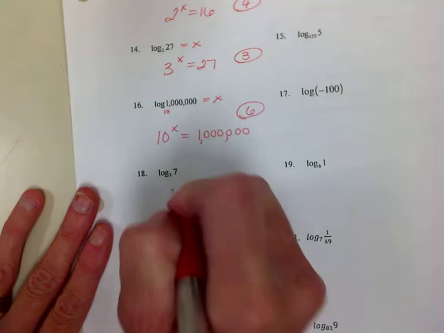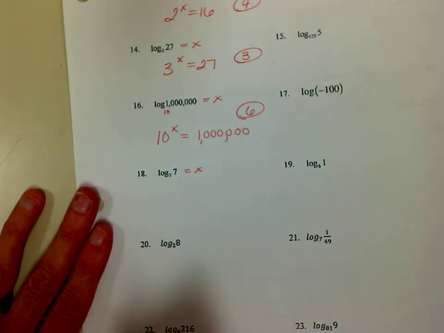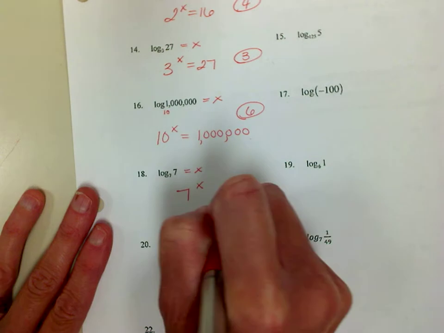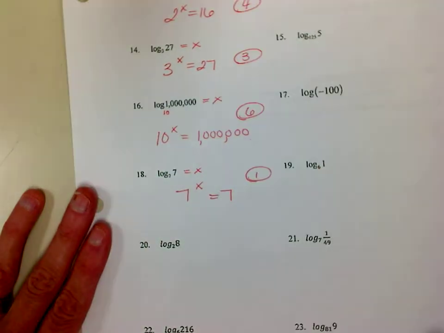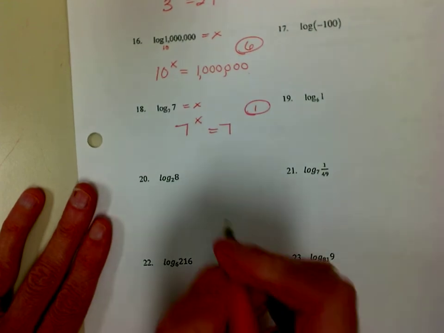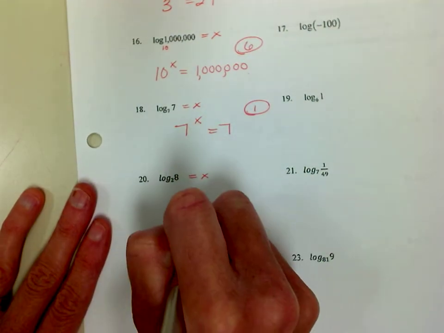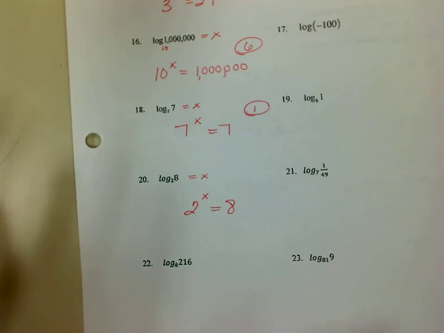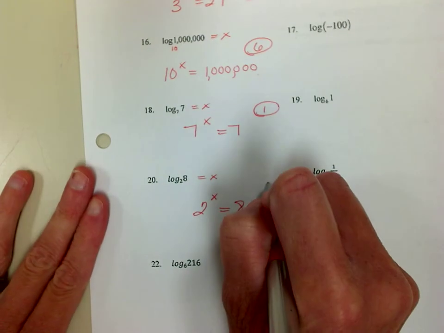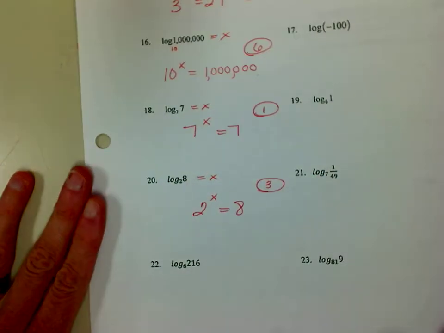Okay, number 18. This means 7 to what power is 7? That would be 1. Number 20. 2 to what power is 8? Again, you're getting all these answers from your blue paper. So 2 to the 3rd power is 8.